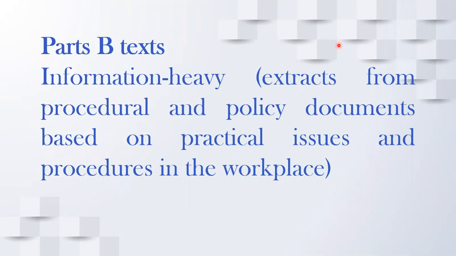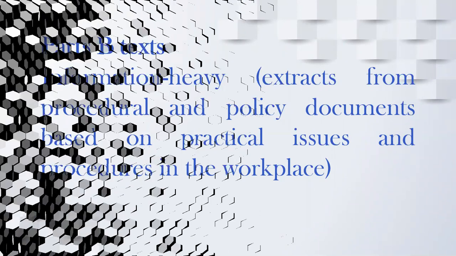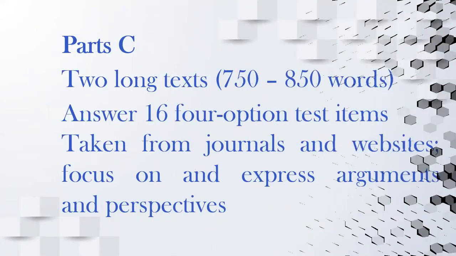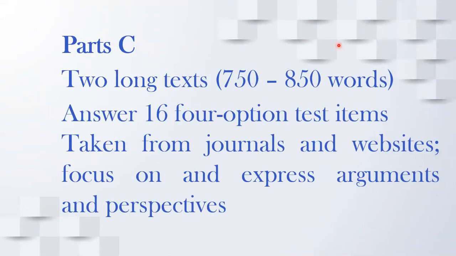They are information heavy, they are dense, and you need to be able to read and understand, especially because you're looking to answer questions of gist. And if you're not too careful, it'll be very difficult for you to find the theme or the central focus of these texts that you have on the question paper or in the text booklets.